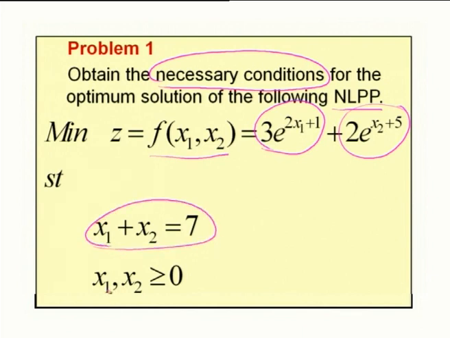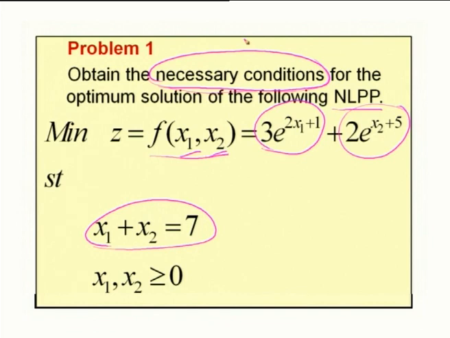Of course, the decision variables x1, x2 are non-negative. So, the given problem is an NLPP involving two decision variables x1 and x2 with one equality constraint, x1 plus x2 equal to 7. For this NLPP, we are interested in finding the necessary conditions.